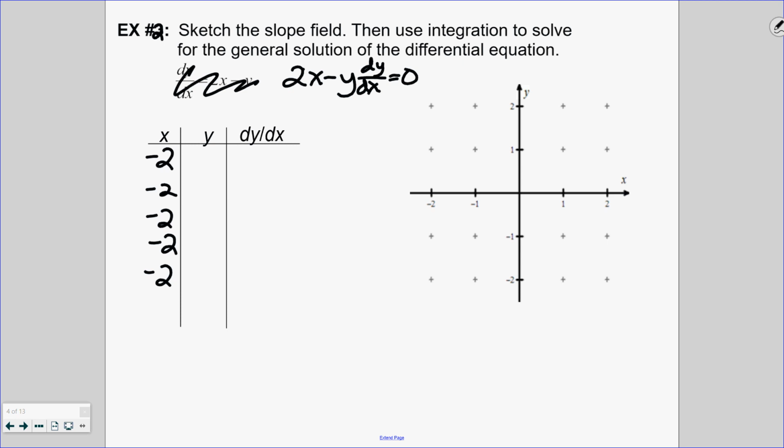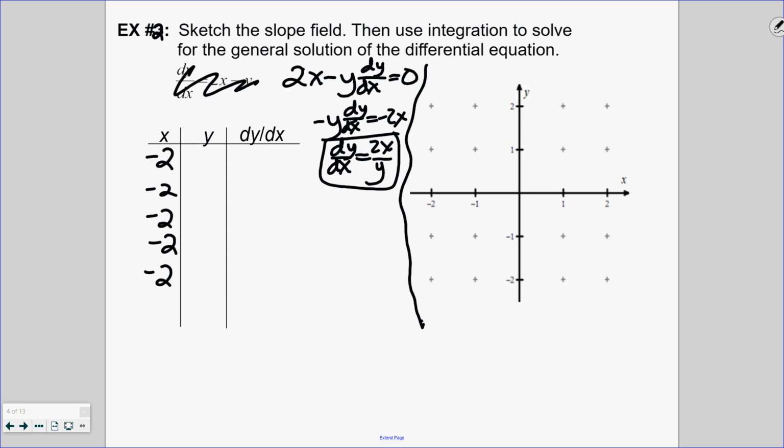So we need to solve that for dy dx in order to have something to plug into. So we're going to have minus y dy dx equals -2x. So dy dx is going to equal 2x over y. Okay, so that's what we're going to plug into now. So just erase what you had, and then we'll fix it from here, and we'll get the right graph drawn.